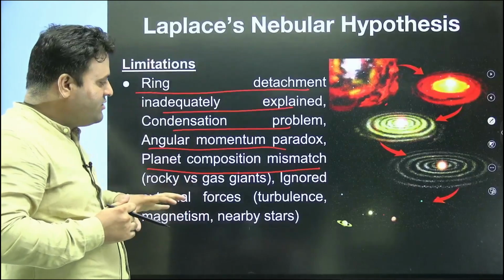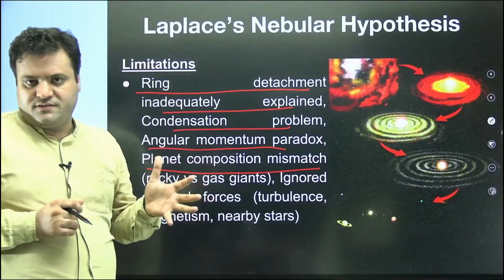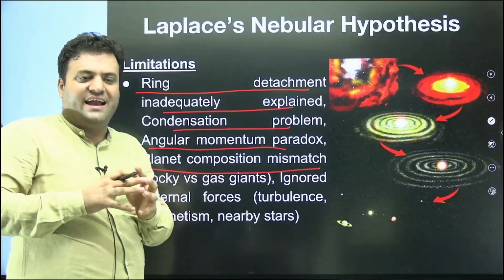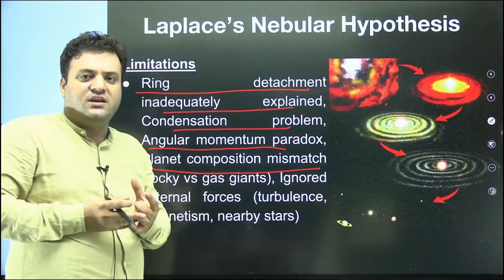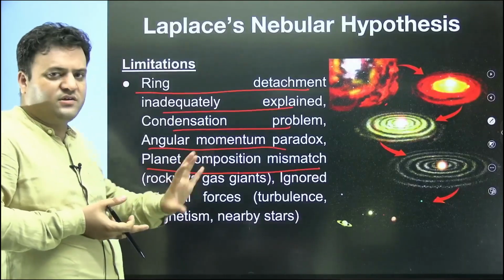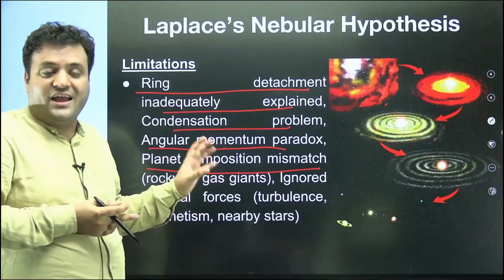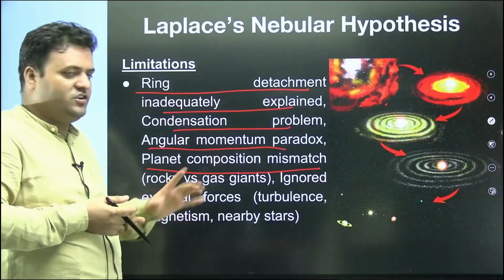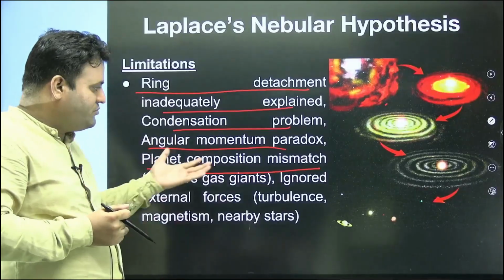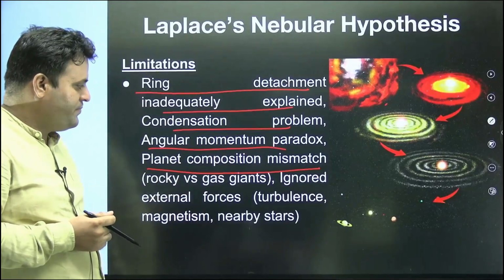So this theory advocates that there are rocky particles, but this theory could not justify how there could be gaseous planets, especially those known as the outer planets of our solar system. So this theory has a mismatch in terms of the composition of planets, which was not addressed by this theory. This theory used to say that all planets are rocky basically. So planet composition is mismatched, and it is not justified by this particular theory.